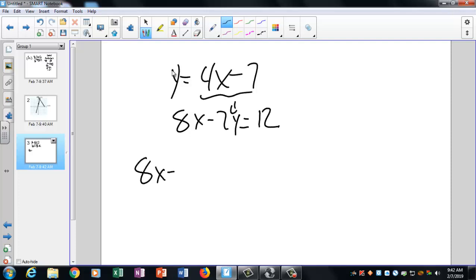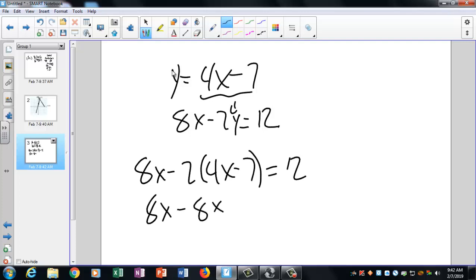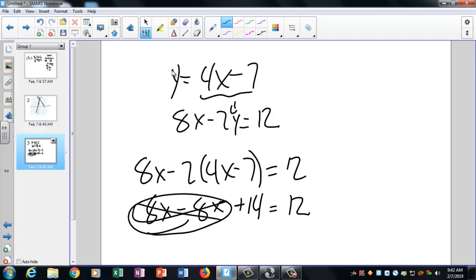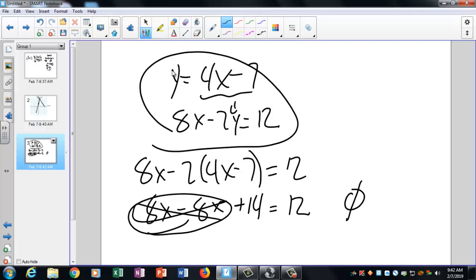We got 8x minus 2 times 4x minus 7 equals 12. 8x minus 8x plus 14 is equal to 12. And then those canceled, right? And it was at that moment that we went, oh, no. That's not supposed to happen, right? And then we said, okay, well, 14 equals 12 is no solution. But let's look at if we were to graph this.